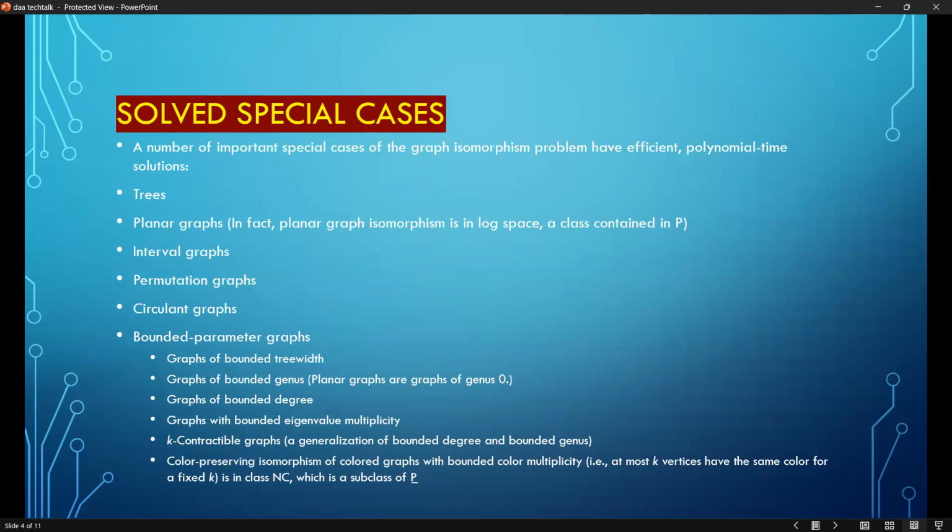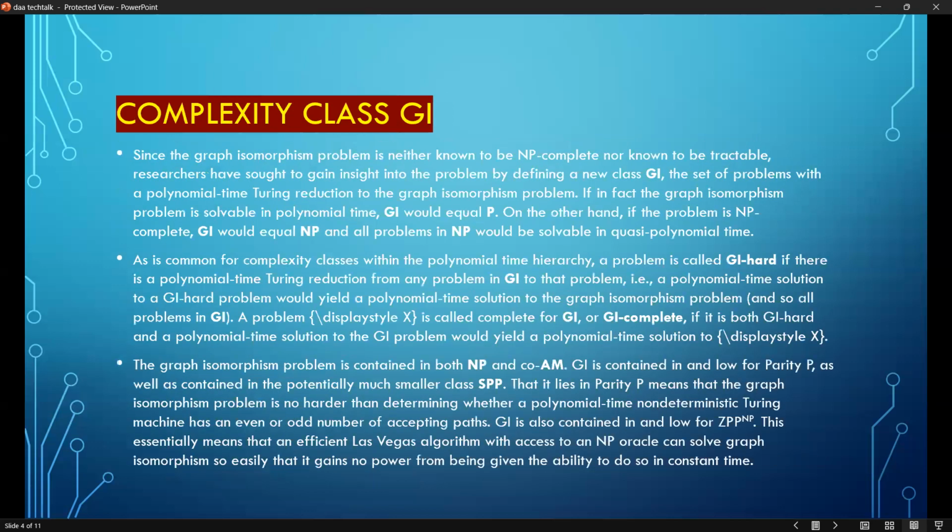Planar graphs are graphs of genus 0. Graphs of bounded degree, graphs with bounded eigenvalue multiplicity, and k-contractible graphs, a generalization of bounded degree and bounded genus. Color-preserving isomorphism of colored graphs with bounded color multiplicity, that is, at most k vertices have the same color for a fixed k, is in class NC, which is a subclass of P.